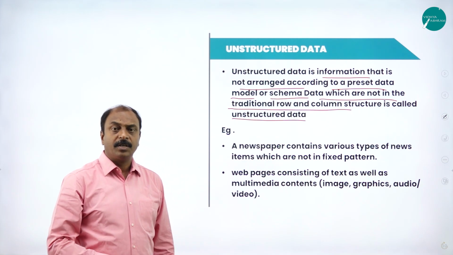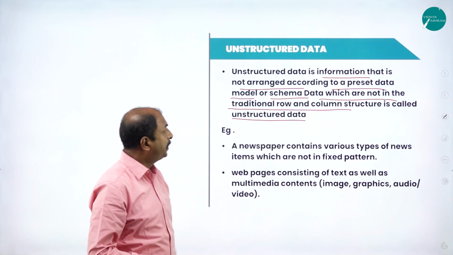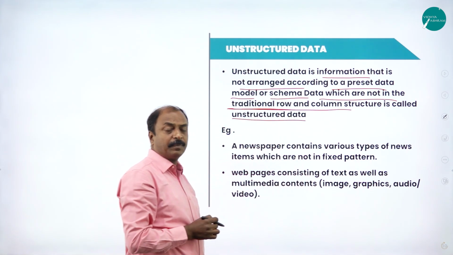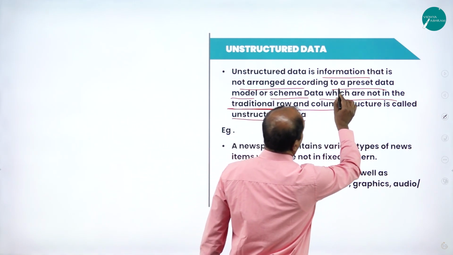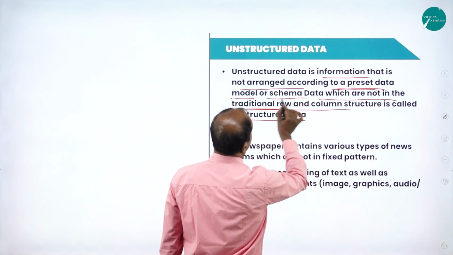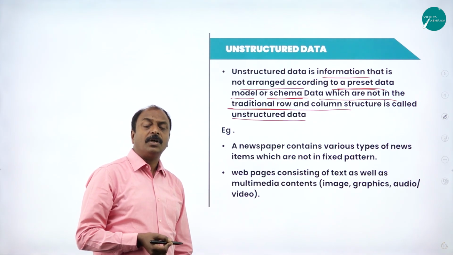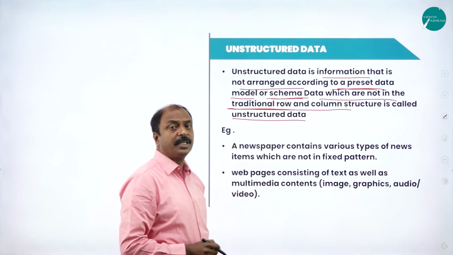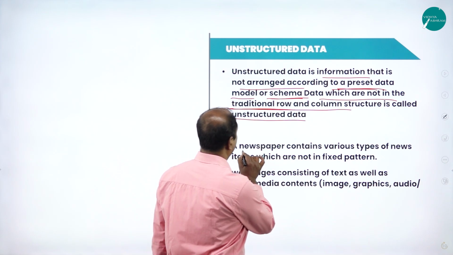In structured data we use a table, but here we are not using any traditional table format, and there is no definite preset structure or schema for it. An example of this is a newspaper.